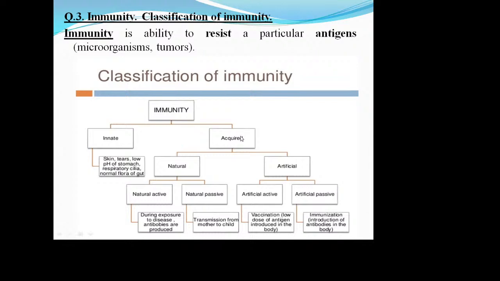The other part of immunity is acquired. Acquired can be divided into natural acquired and artificial acquired. Both natural and artificial immunity may be classified into active and passive. The first one that we are talking about is natural active immunity.